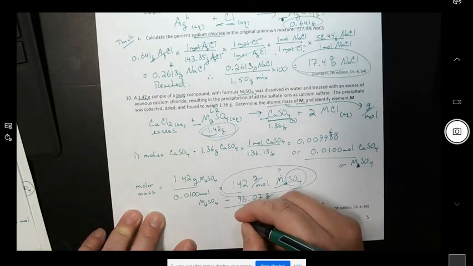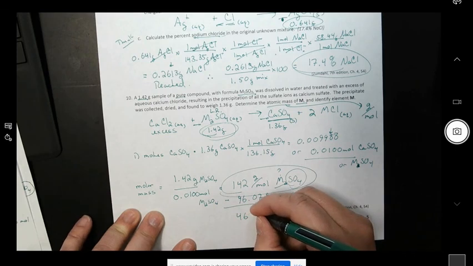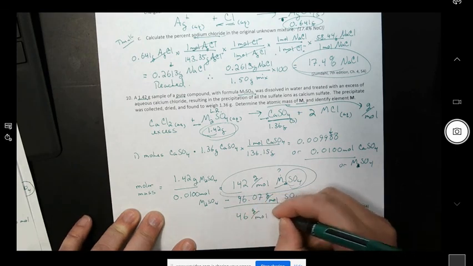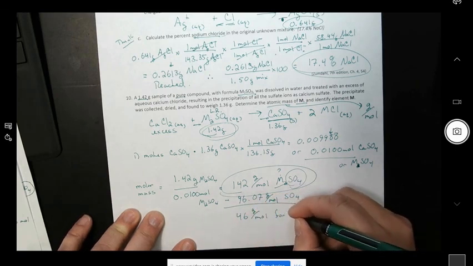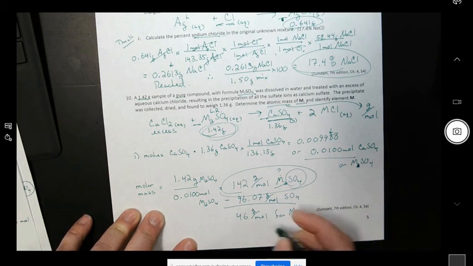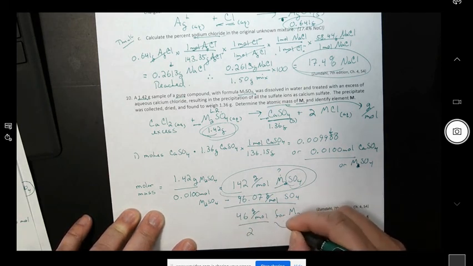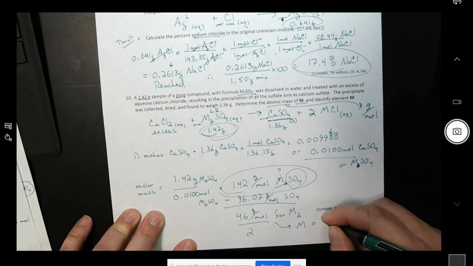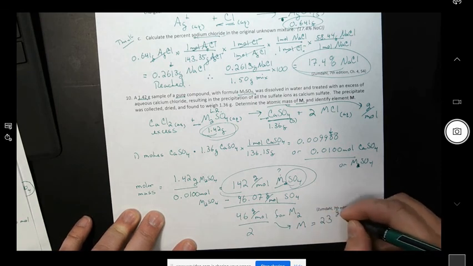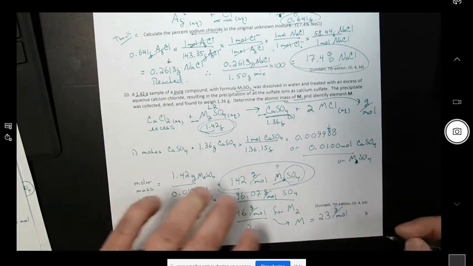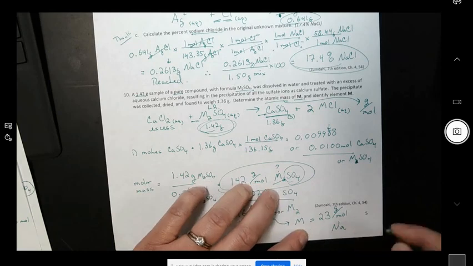And so that gives me 46 grams per mole, but that's for M2. So now I have to divide by 2 to get just plain old M. And so that's 23 grams per mole. And on our periodic table, that is sodium.